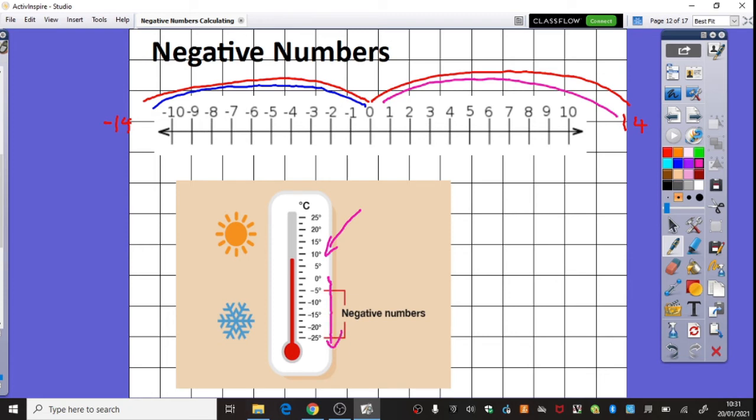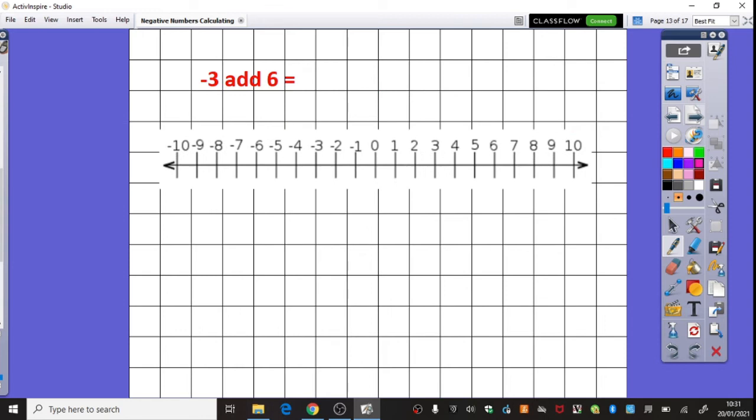So today we're going to be calculating with negative numbers, and this is where you may be needing to use number lines to help you. If you can do this in your head or on empty number lines, which I'll be showing later, absolutely great. So you're going to start with the number minus 3. It says here minus 3 add 6.